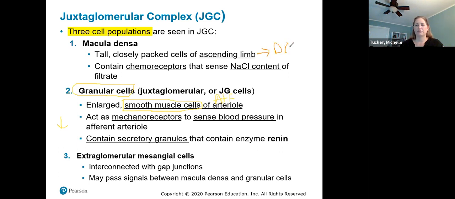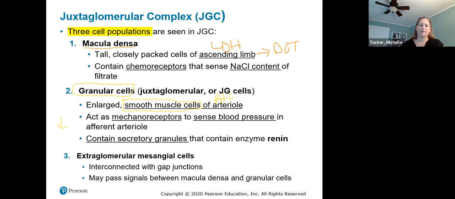The next cells are where the ascending limb turns into the distal convoluted tubule. So you'll also see on models, sometimes it'll label that part of the model distal convoluted DCT, but they are where this ascending limb turns into the distal convoluted tubule. It's called the macula densa.